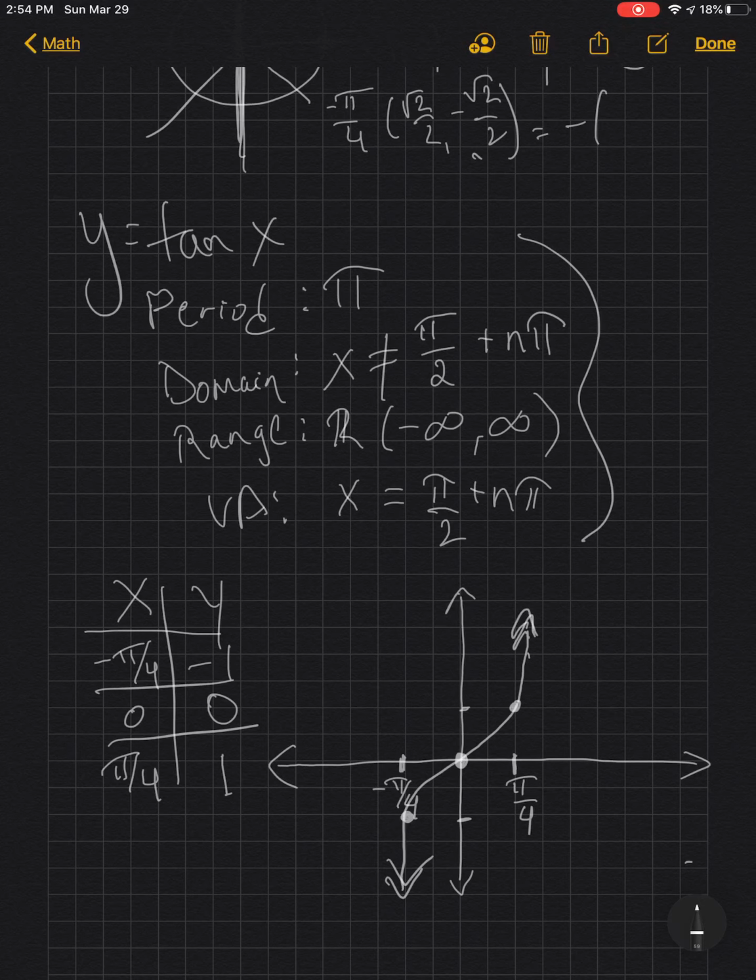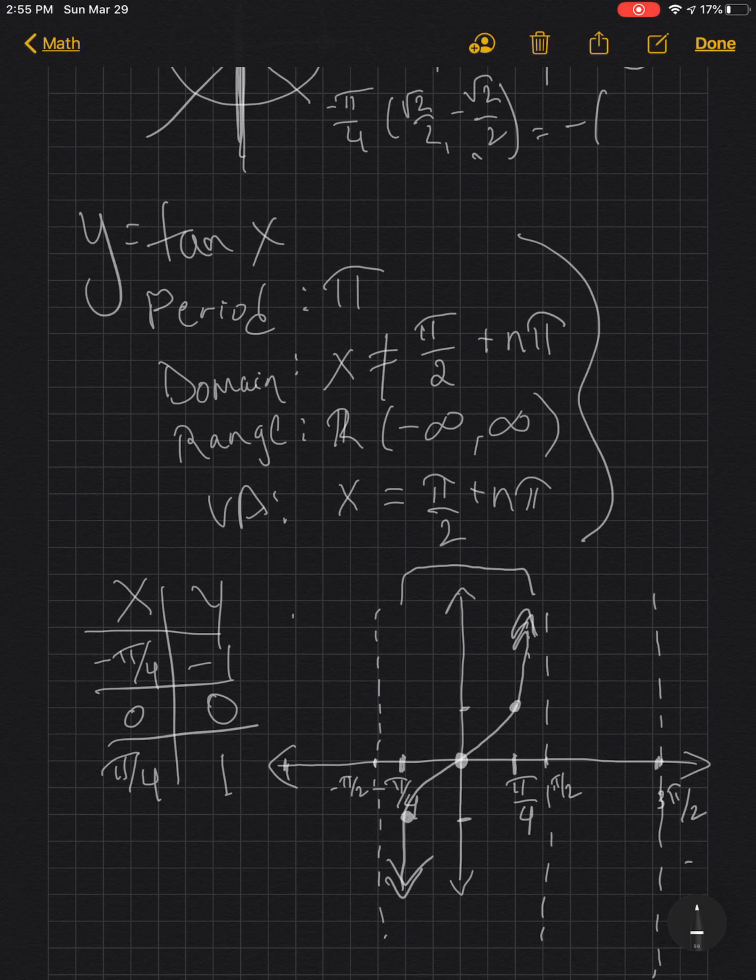Okay, so here's 1 pi. Here's our period. Now after that, here are our asymptotes. So here let's say that this is pi over 2. Here let's say this is negative pi over 2. Here is 1 period. Now after this, let's draw in another vertical asymptote. So here we have 3 pi over 2. Here is another vertical asymptote. And we could say the same thing over here.